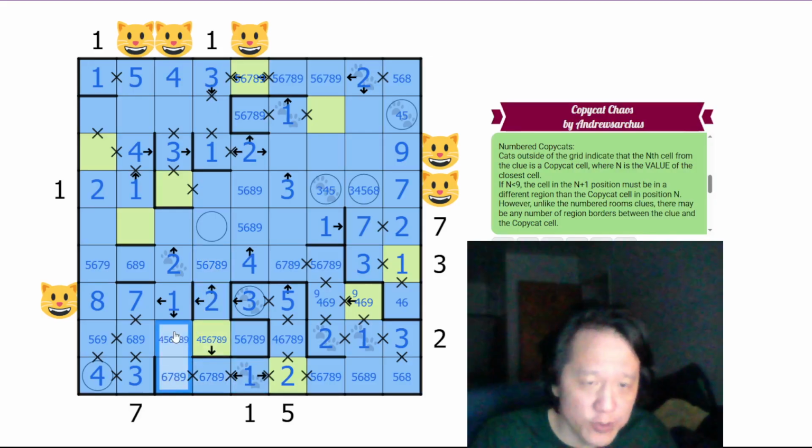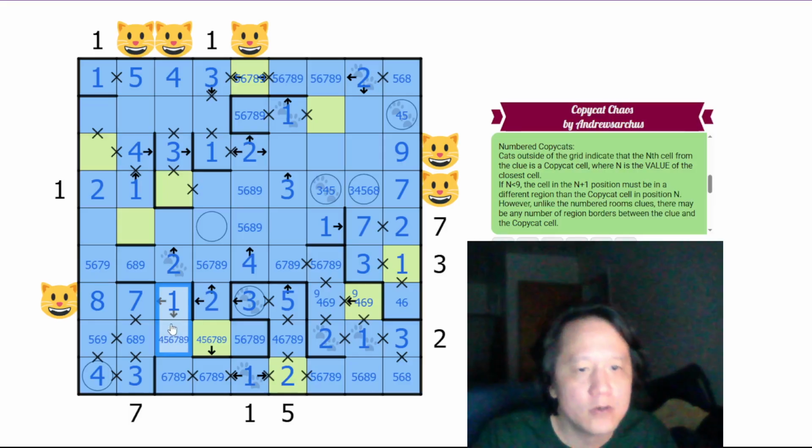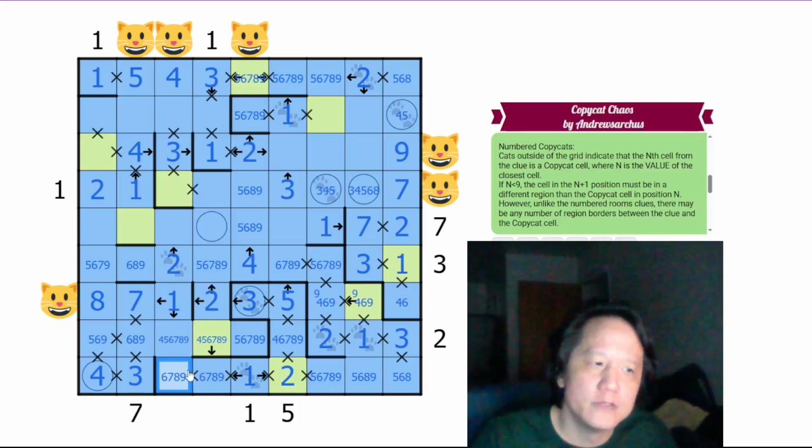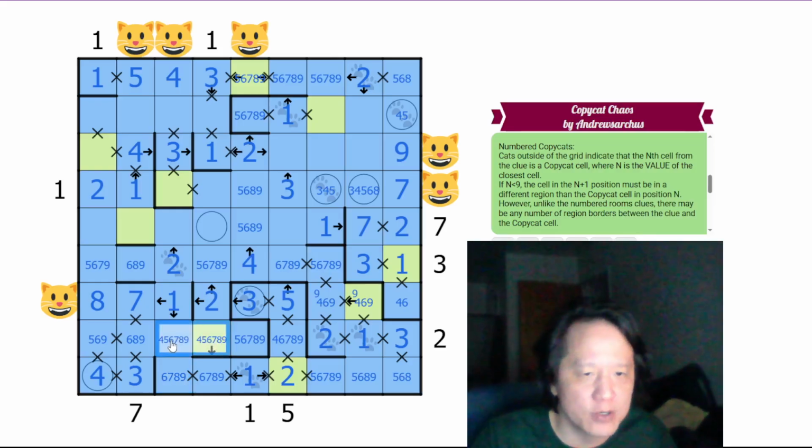So we don't know if we go up here. If we go up here, there's going to be a boundary between these two. If we stop here, then this is not going to be a boundary here. Okay. So this cannot be part of this region here, because if this were part of that region, you'd have a boundary here and then a boundary here, and that would be 2 boundaries.